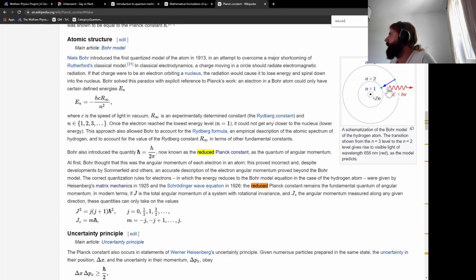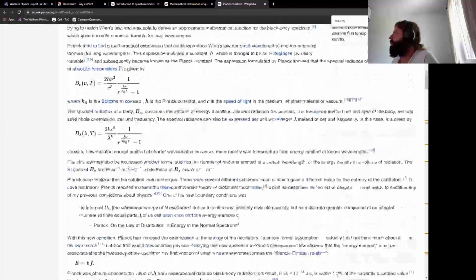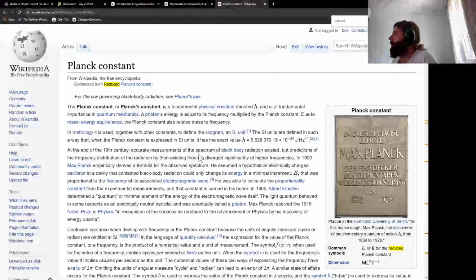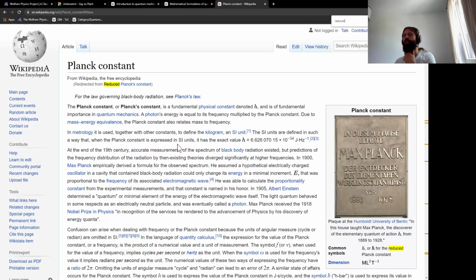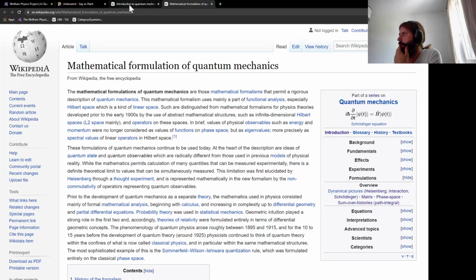Okay, so this is related. I see that. So it's a constant that relates the different energy jumps that you can do. And that's why we don't know what happens in between.